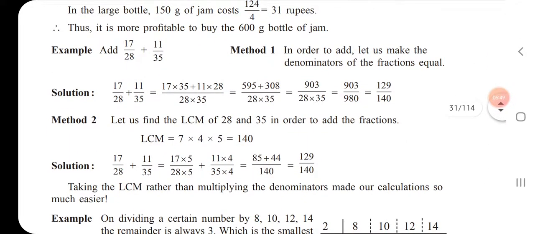So HCF and LCM can be used to add numbers in the form of numerator and denominator, because we have to find the LCM of the denominators of the given numbers and then we can add them easily.